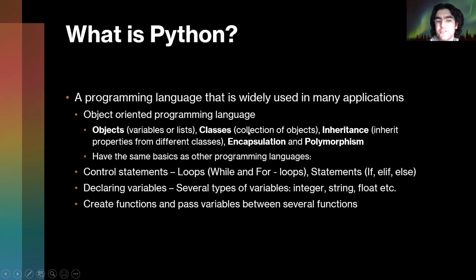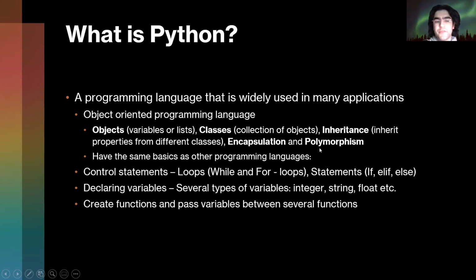We have classes, which are a collection of objects, or in this case, a collection of lists, for instance. We have inheritance. It means that it can inherit properties from different classes, such as a variable passing from one class to another class, or a variable passing from one function to another function. And we also have encapsulation and polymorphism.